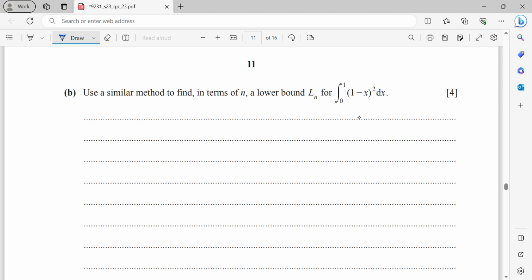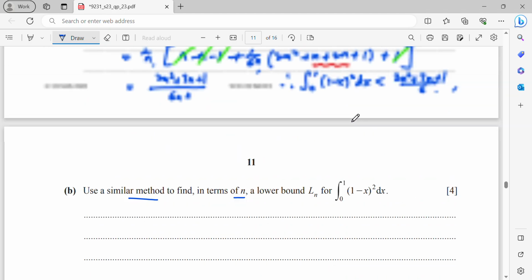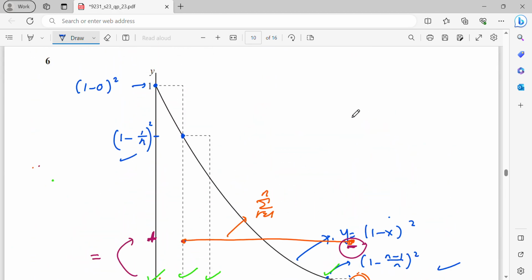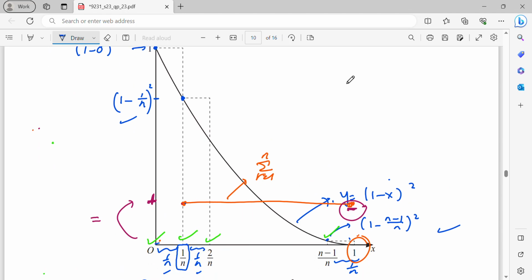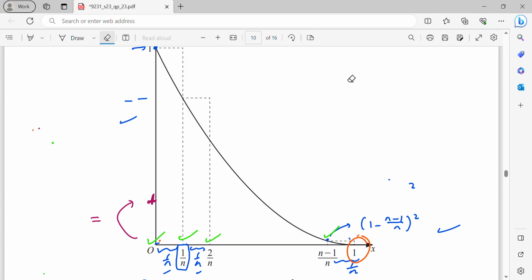Now, B, use a similar method to find in terms of N a lower bound Ln for the integration of the graph. Okay, so lower bound Ln, which means now we no longer refer to all these rectangles, but we will be referring to the new rectangles, which means it's here. I will use back the same diagram, that it will be easier.